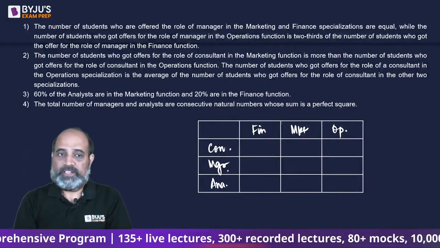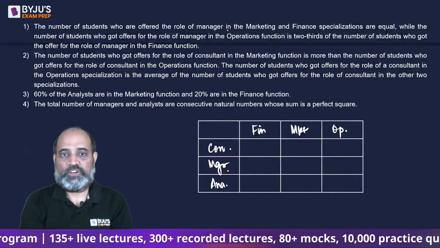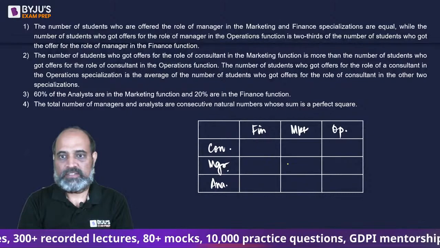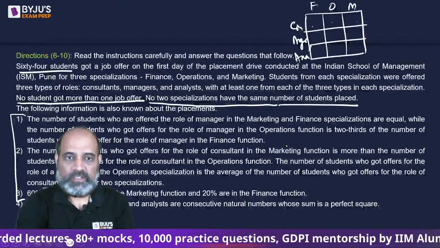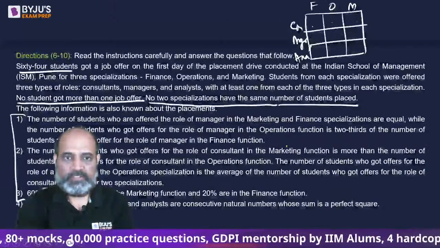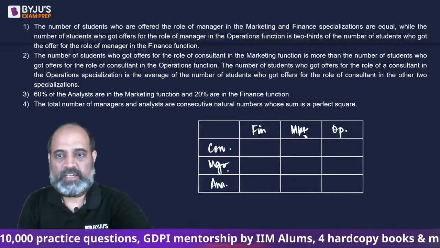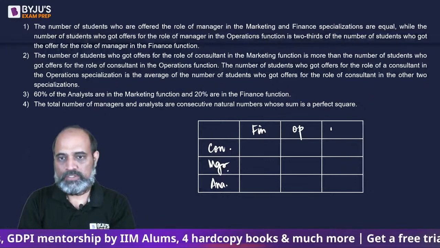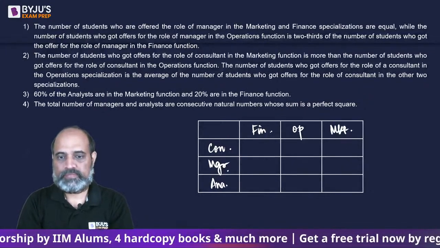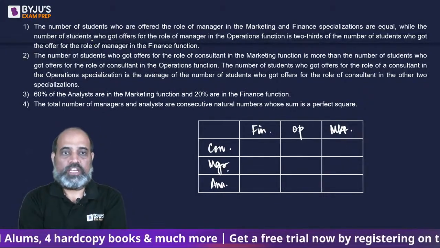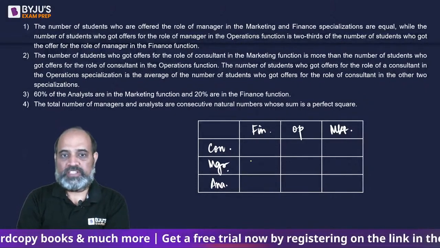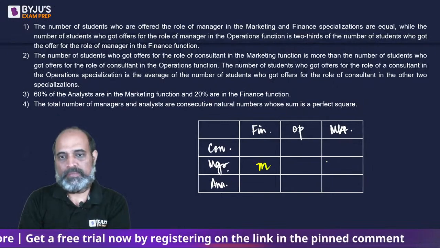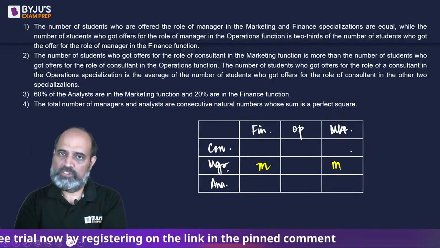The first statement: the number of students who are offered the role of manager in marketing and finance are equal. Let's write in the same sequence: finance, operations, marketing. So the number of managers in marketing and finance are equal. So let's call them M and M because we are talking about managers.